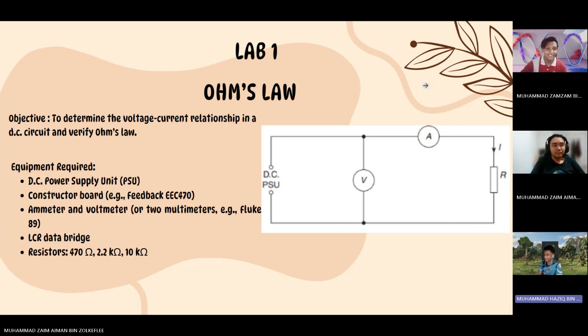Thank you, Zamzam. Okay. For Lab 1, we did it in the lab. Basically, our main objective is to determine the voltage current relationship in a DC circuit, verified with Ohm's law.